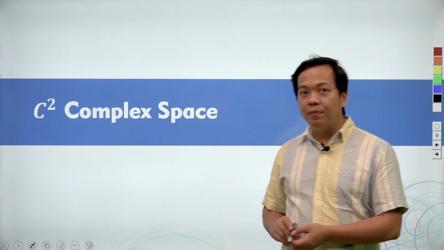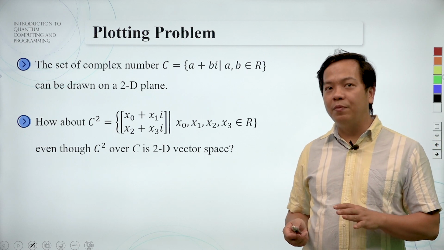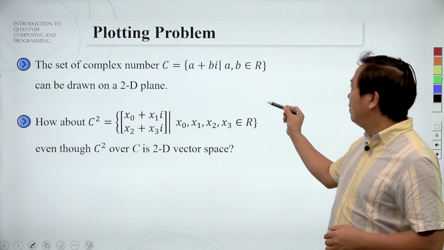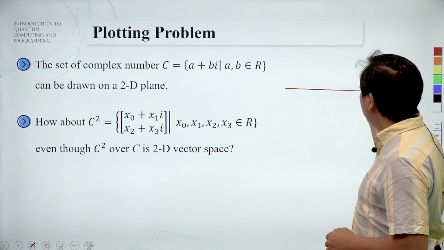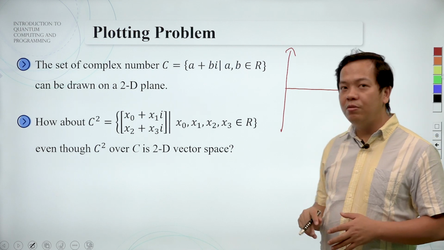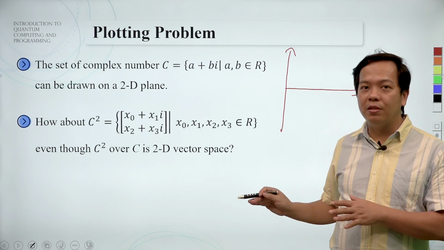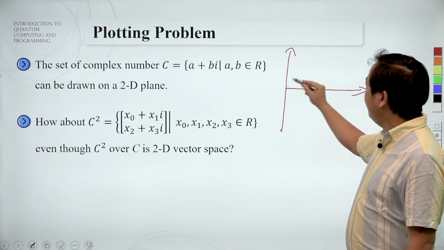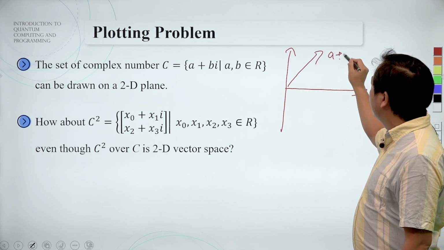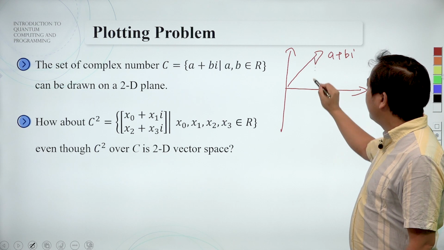Complex space has a very special part. Like in a complex number, we already have a complex plane, and we can represent it in 2 dimensions, right? We have a 2-dimensional plane, something like this, with a plus b i.